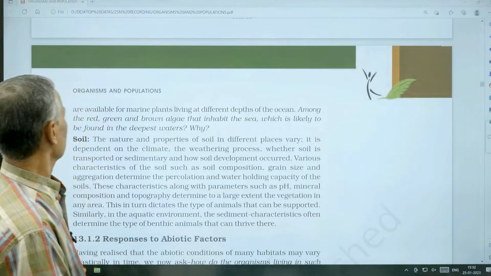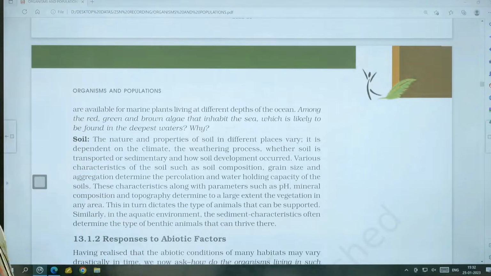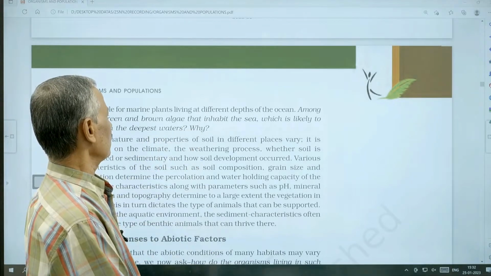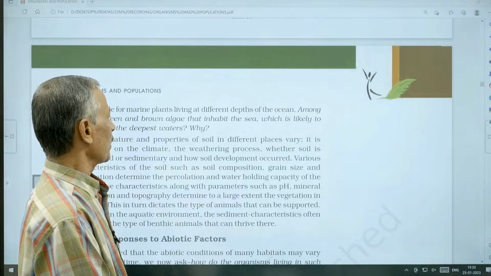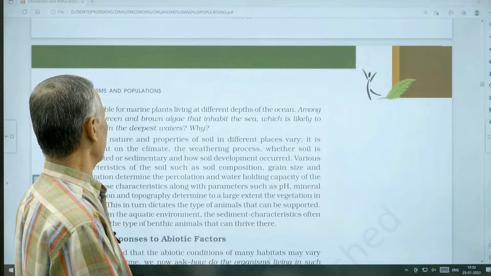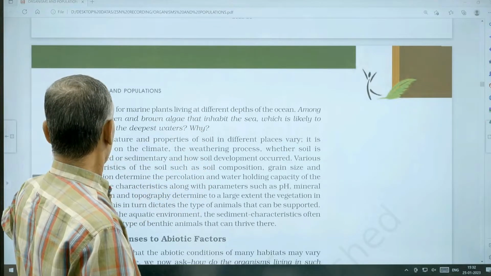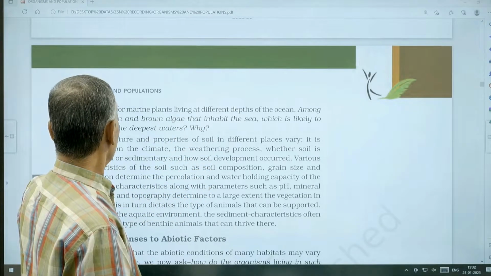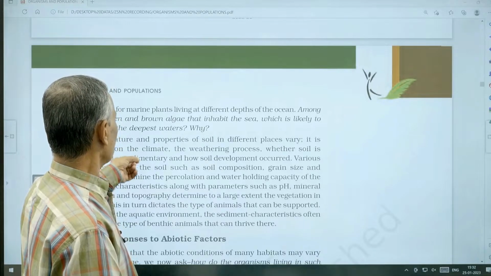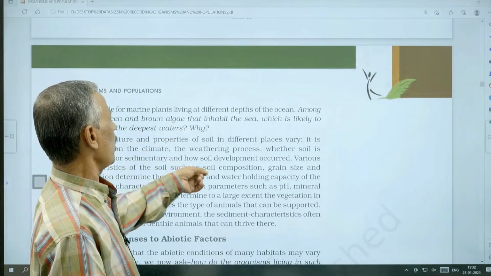Similarly, soil. Study of soil is pedology. The properties of the soil of different places depend highly upon the climate, weathering process, whether the soil is transported or sedimentary, and how soil development occurred.